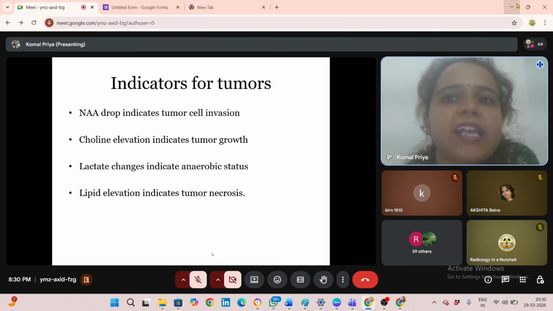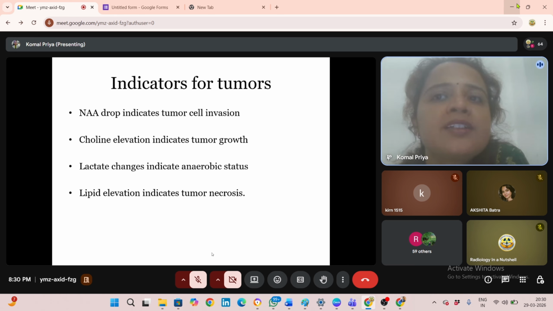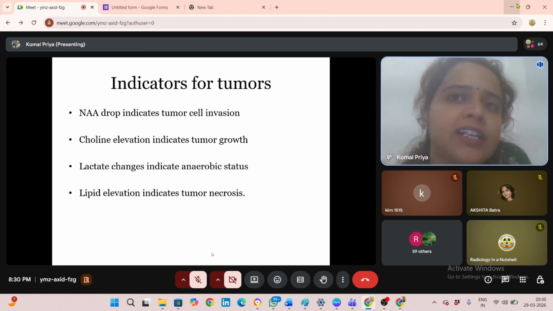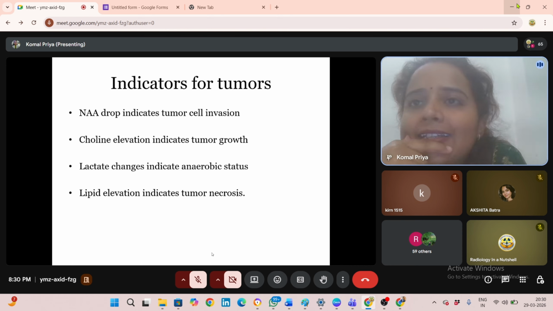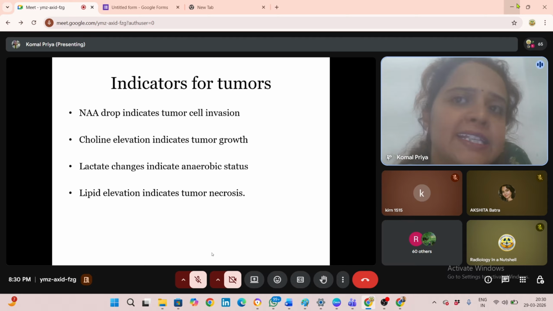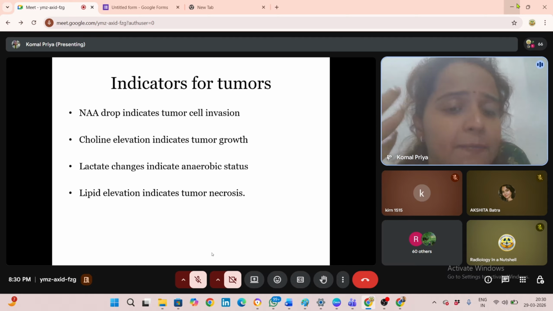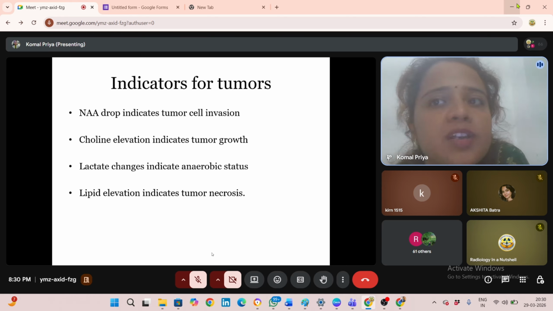So where do we use this MR spectroscopy? We can use it to plan a therapy, or in conjunction with normal MRI. We can also use it for biopsy guidance or prognosis of any disease. Or if any therapy is happening, we can use MR spectroscopy to monitor whether that therapy is working or not.